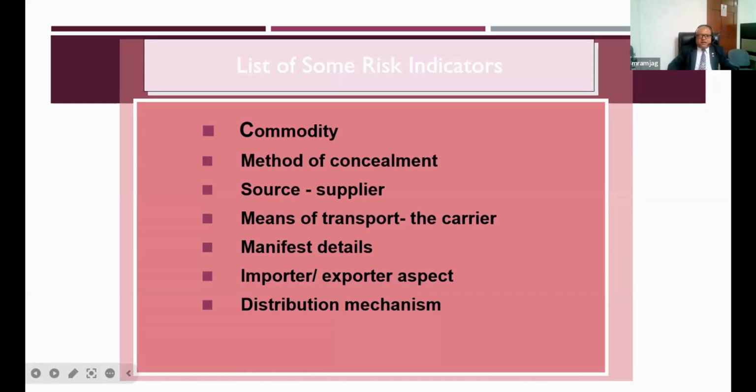Manifest details. Looking at the advanced manifest is something that really helps you. In other lectures and classes, you will get more details on this. But the advanced manifest allows you as an officer to read and pick up high-risk goods. For example, I see somebody is shipping cigarettes. You might see Dave Enterprise bringing 3 skids of cigarettes.